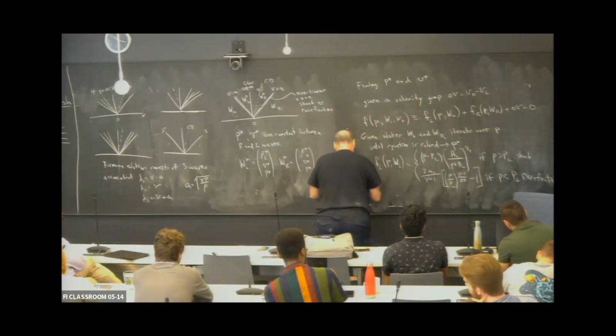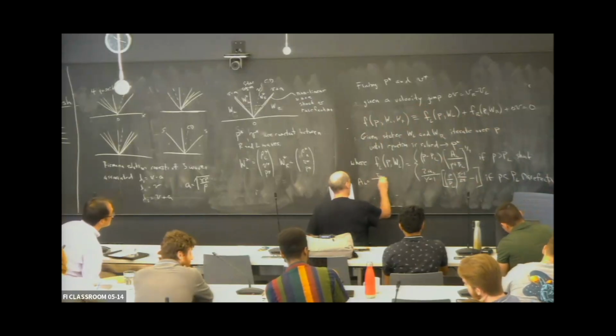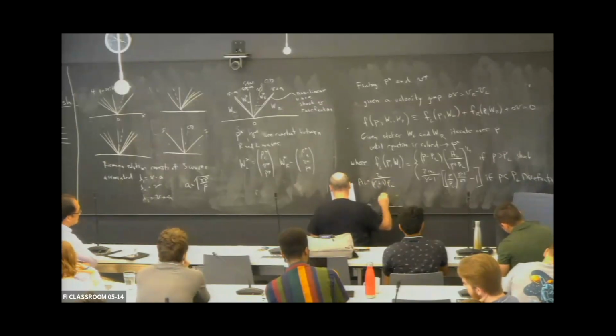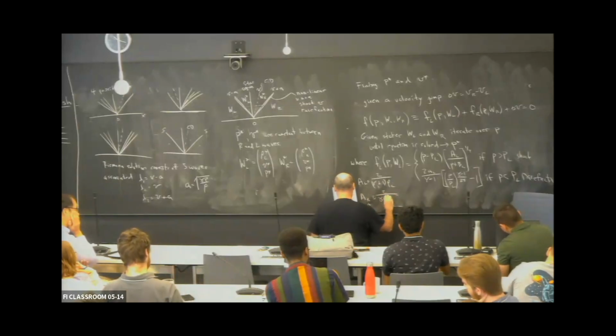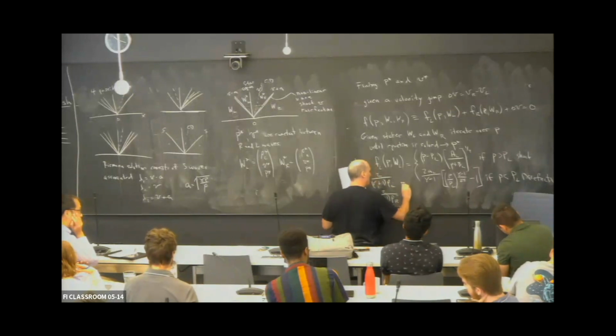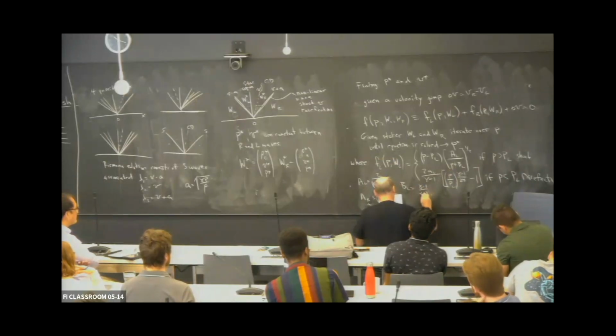Okay, where AL is 2 over gamma plus 1 over rho L, and AR is 2 over gamma plus 1 over rho R. And then BL is gamma minus 1 over gamma plus 1 times PL, and BR is gamma minus 1 over gamma plus 1 times PR.